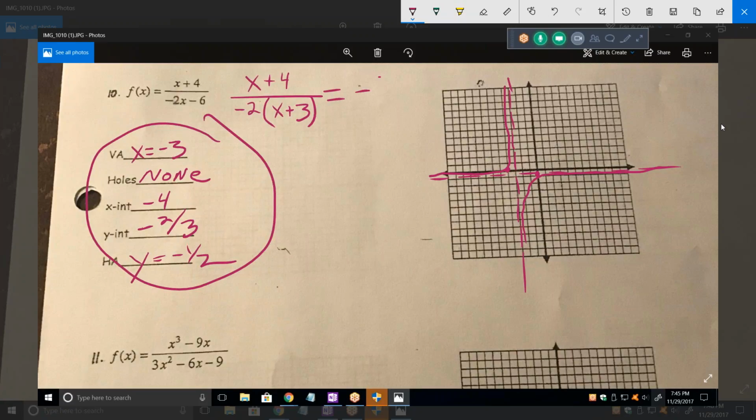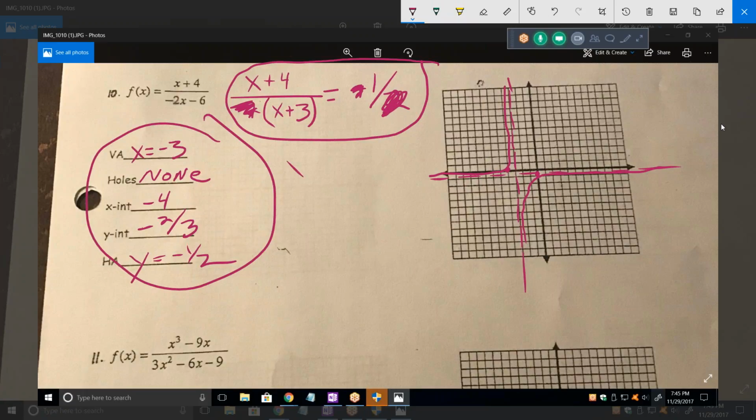We know we don't cross vertical asymptotes, but I know that is the horizontal asymptote. Oops, excuse me, that's 1/2. You see why I set it to negative 1/2? Because if it's going to cross the horizontal asymptote, that has to be solvable. Okay, well, I can multiply both sides by -2 to get rid of that, and that, and that.